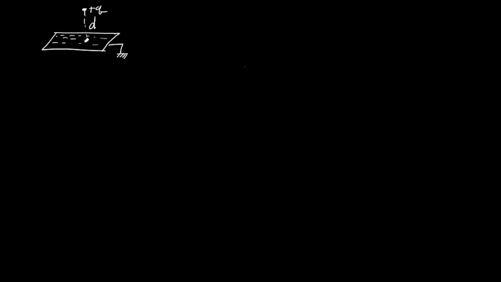Since it's conducting, there will be induced charge on it. Why? Because the positive charge will create an electric field, and this electric field will apply force on the positive and negative charges on the conductor. But since it is grounded, the potential should be zero, and because of that all positive charge goes to the ground and only negative charge will be there.